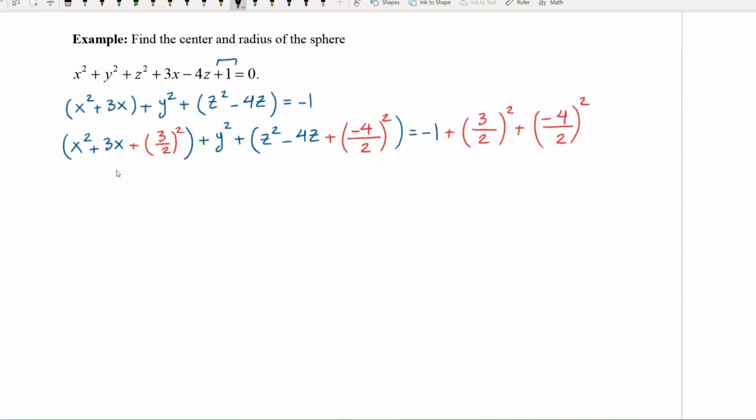So what I have for this part is x plus, using the number that we have here, 3/2, then square, plus y squared plus z, and the number that we have here is -4 divided by 2, so that is -2. So -2 squared, it is equal to, on right side we have -1 plus 3/2 squared, it is 9/4.